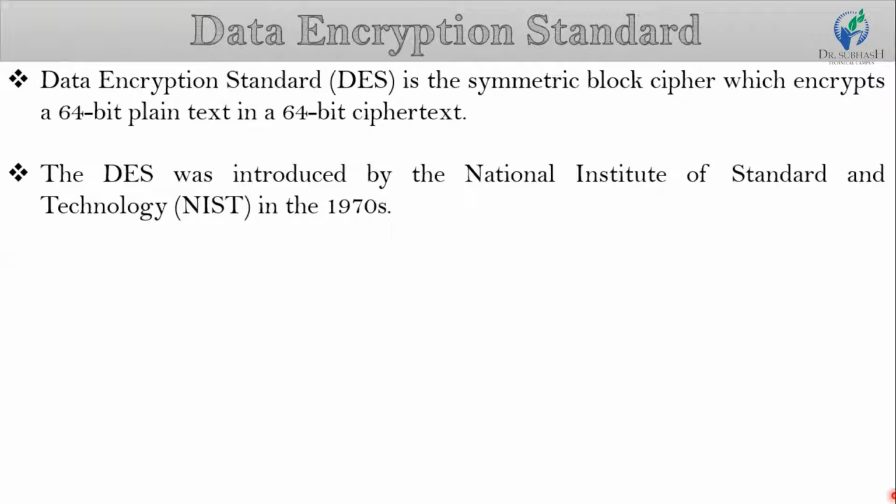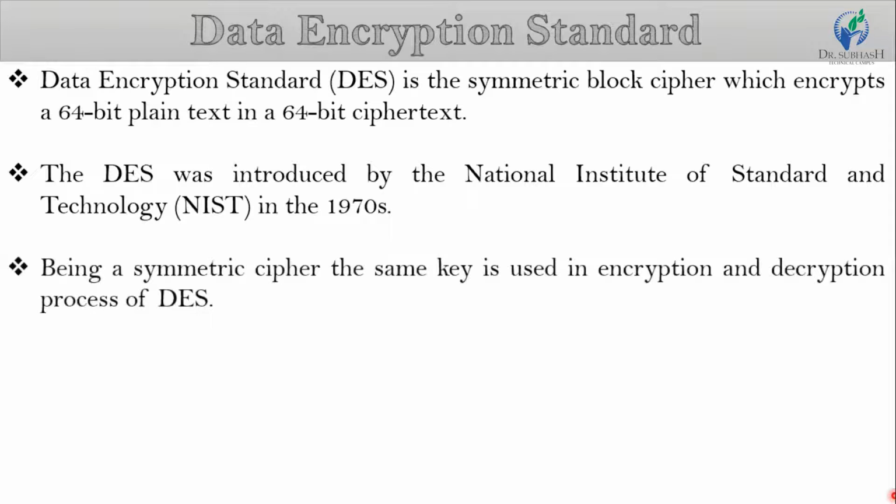Initially, DES was only used in financial applications, but later it was accepted as a cryptographic algorithm by other organizations too. Being a symmetric cipher, the same key is used in the encryption and decryption process of DES.